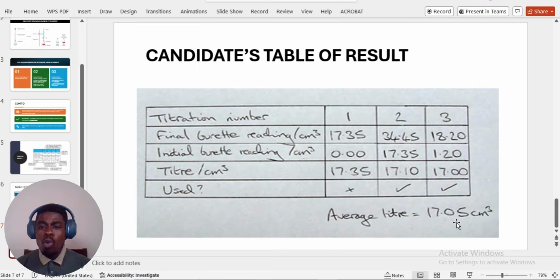No, that is why we've taken our time to come your way, to elaborate on this candidate's response on how to obtain an accurate table of results.